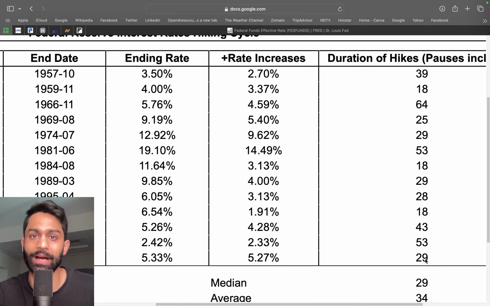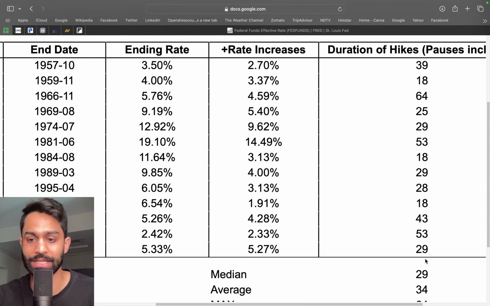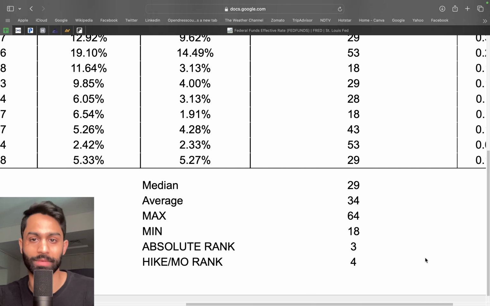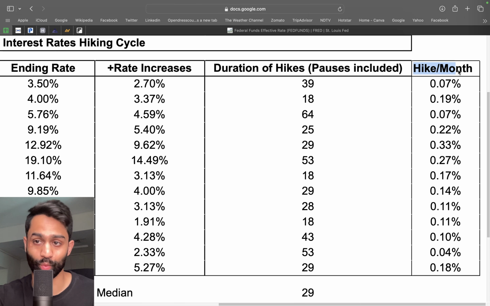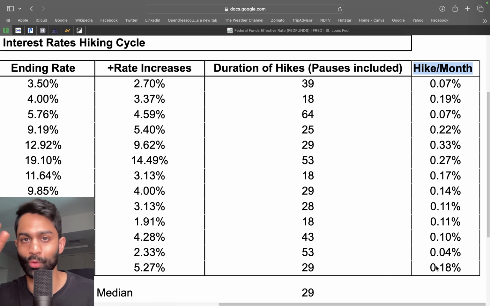And of course, the economy now is much bigger. The debt levels are much bigger. So the impact is going to be significantly more from the Federal Reserve than what it was back in the 1960s. So hike divided by month, and how much of that impact was, in that sense, we rank fourth out of the last 70 years of hiking cycles.